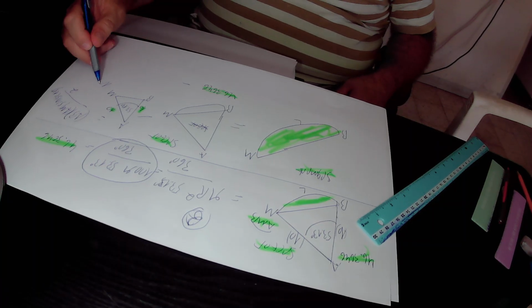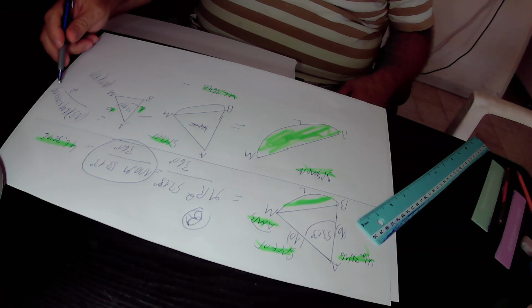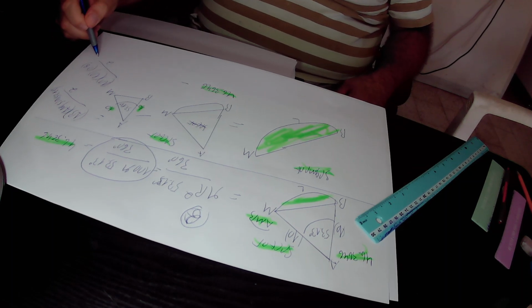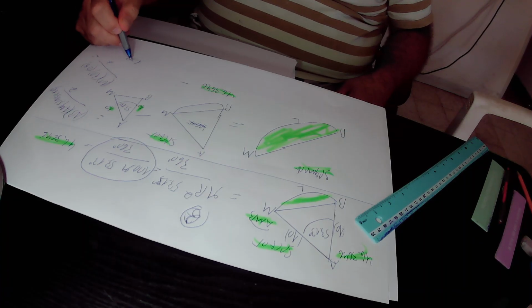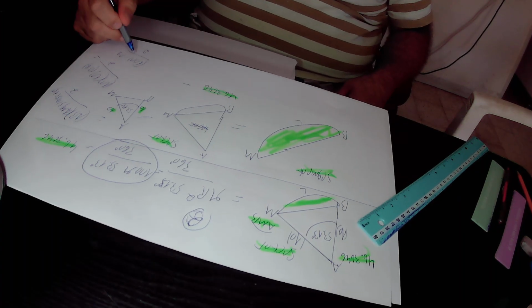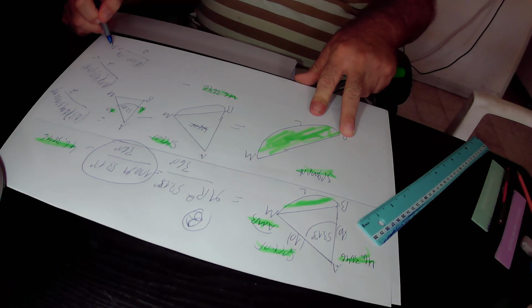AB is 10, AM is also 10, and the sine of 53.13 degrees is equal to 0.8, divided by 2. 10 times 10 is 100, and 100 times 0.8 over 2. 100 over 2 is 50, and 50 times 0.8 is 40.